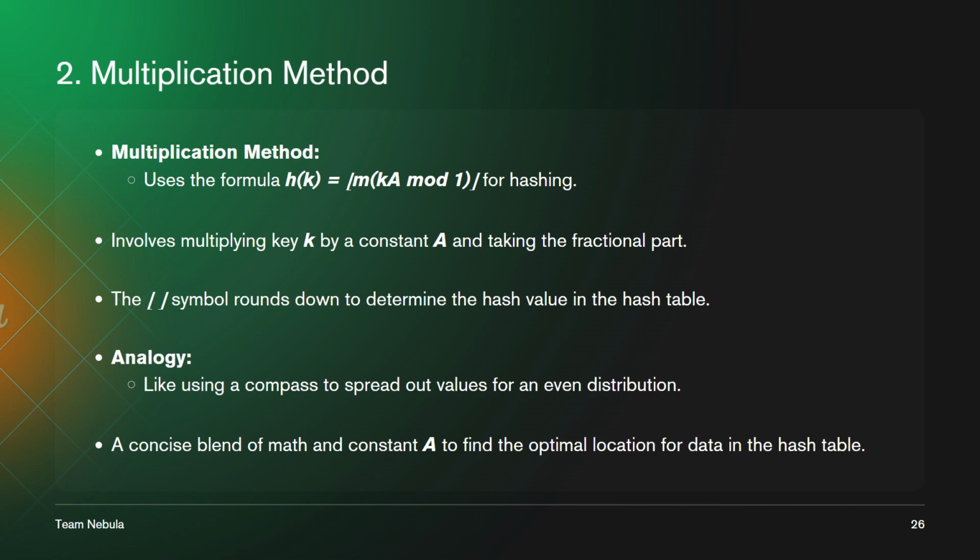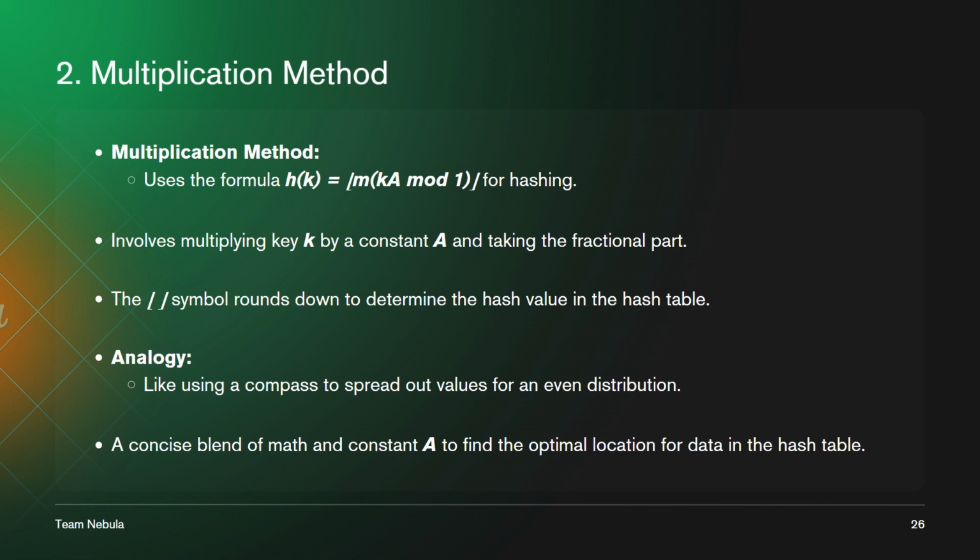First, we have our key k and a constant named A. This A can be any number between 0 and 1. But there's a special value that works pretty well, and it's about the square root of 5 minus 1, divided by 2. Just think of A as a seasoning that we will sprinkle on our key.